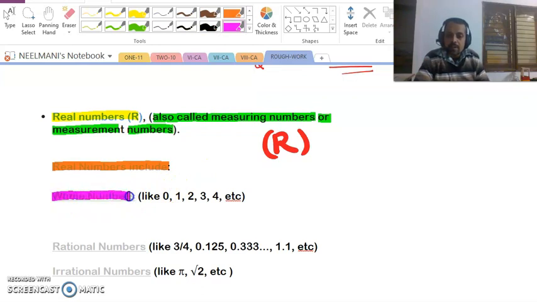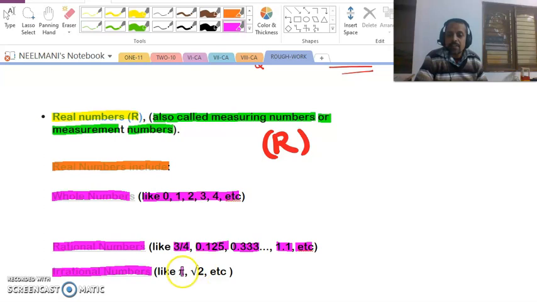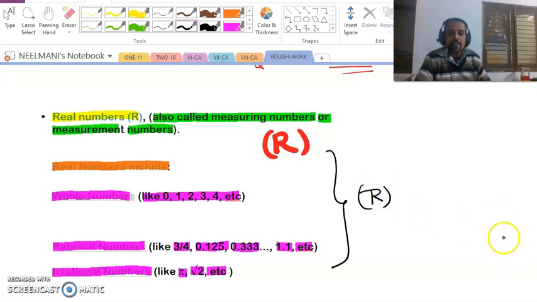They include the whole numbers like 0, 1, 2, 3, 4, etc. They include the rational numbers, like 3 upon 4, 0.0125, 0.0333, etc. And the irrational numbers that I just explained, like the value of pi, under root 2, etc. All these come under the category of real number.